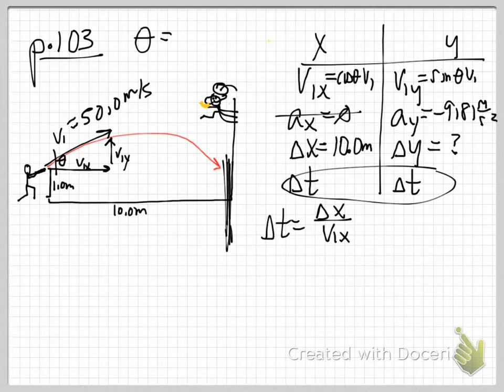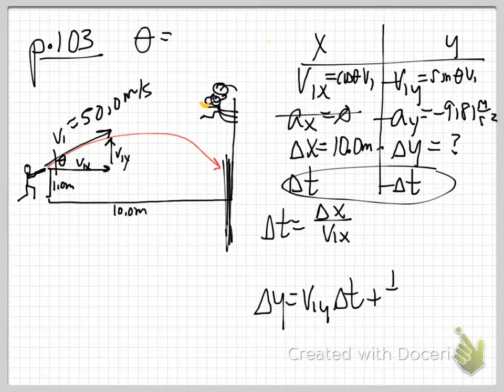What we can do, though, is say, well, we've got VIY, we've got acceleration on the y, we've got an expression for delta t. We're now interested in getting delta y. Do we have an equation that ties those together? Of course we do. We've been using it a lot. It's my favorite of the kinematics. I don't know why. Delta y equals VIY delta t plus 1/2 a delta t squared.